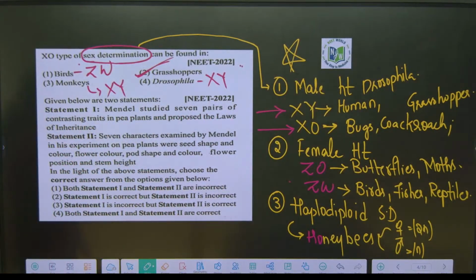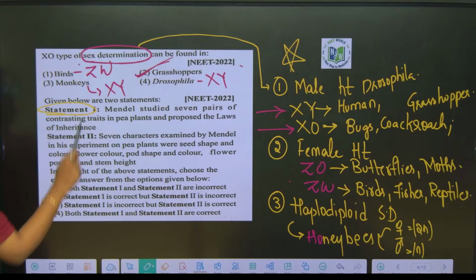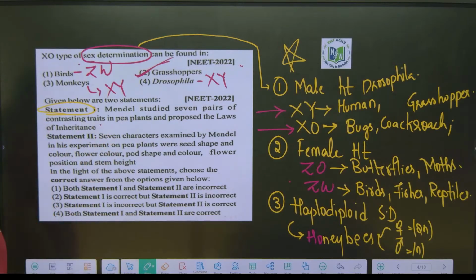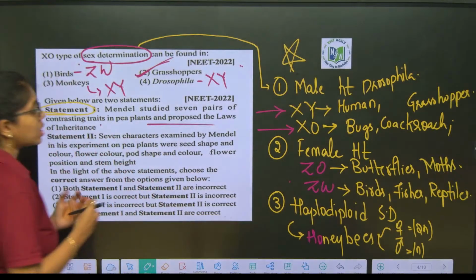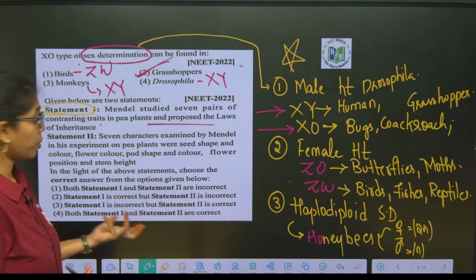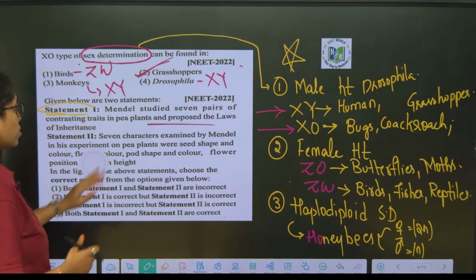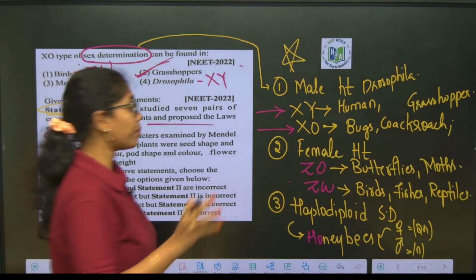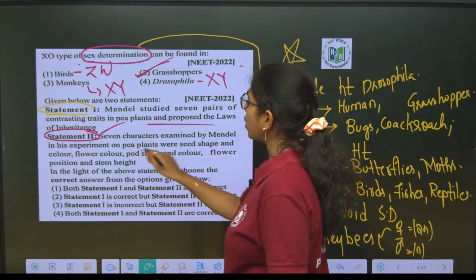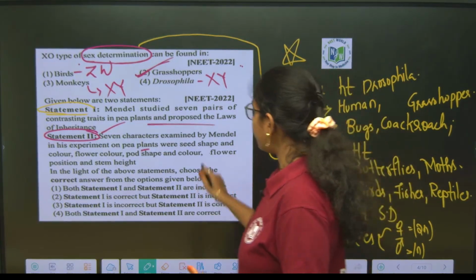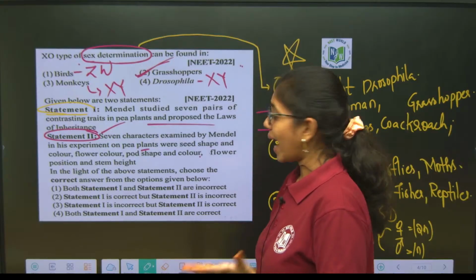And then a statement based question. Given below are two statements. Statement 1: Mendel studied 7 pairs of contrasting traits in pea plants and proposed the laws of inheritance. Statement 2: the 7 characters examined by Mendel in his experiment on pea plant were seed shape, flower color, pod shape, pod color, flower position and stem height.